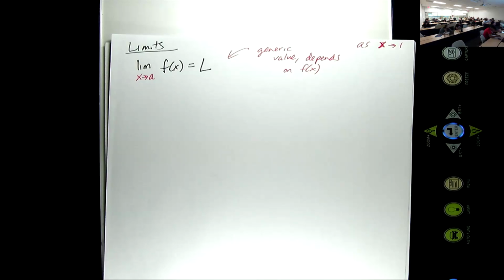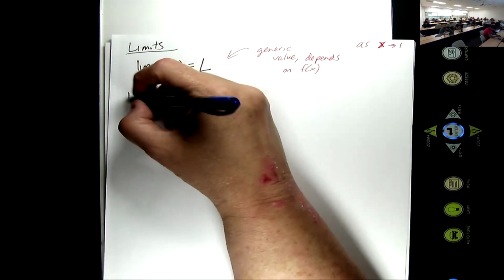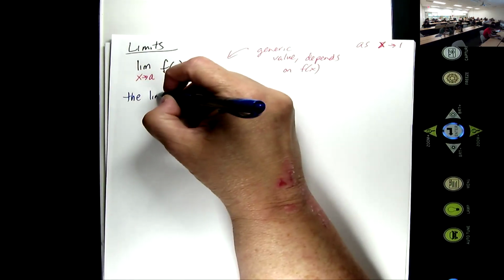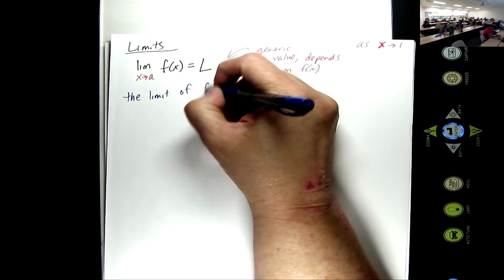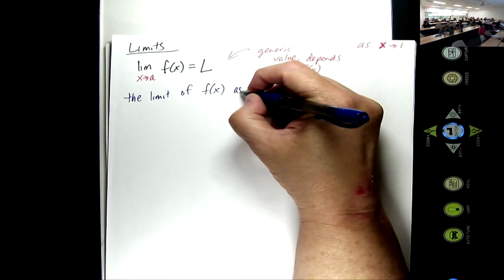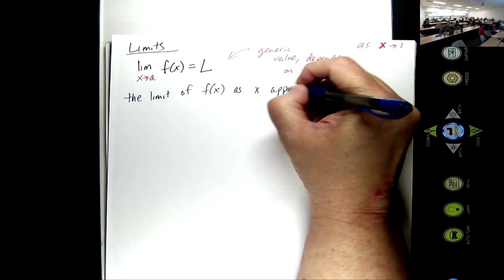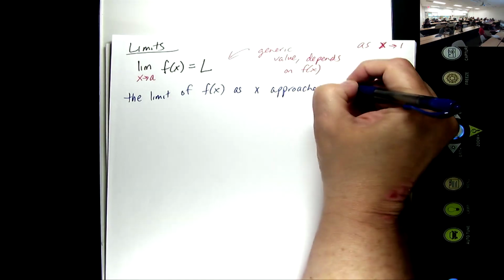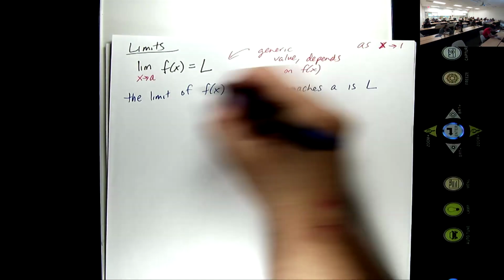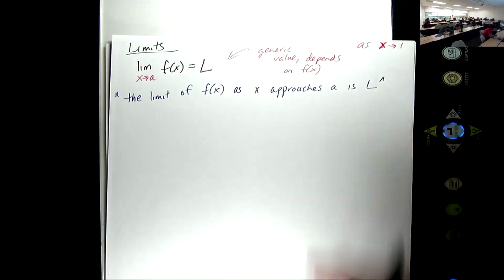And the way this is read is the limit of f of x as x approaches a is L. That's how it's read.